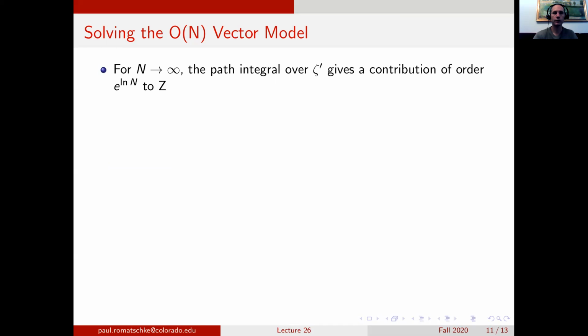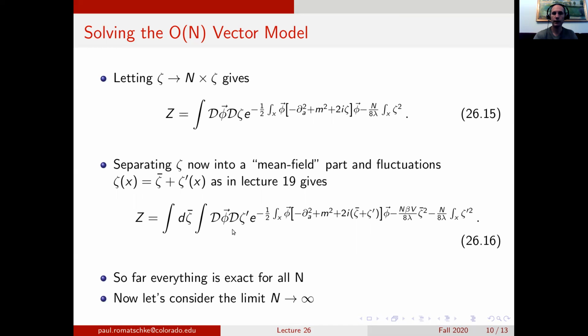The first trick is to realize that for large n, the path integral over the fluctuations gives a contribution that is, let me back up here. If we integrate over the path integral over the fluctuations, we have something that scales with n times sigma prime. While it's complicated to integrate out that piece exactly, we'll get something that involves this n only as a factor.